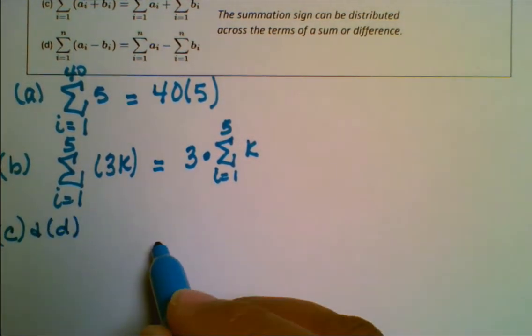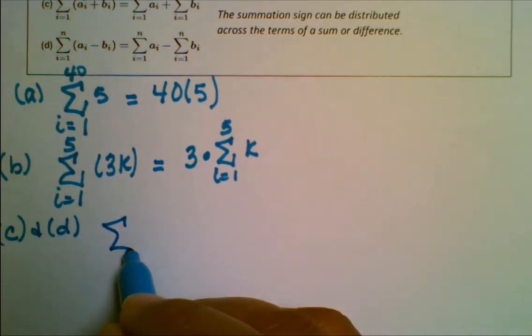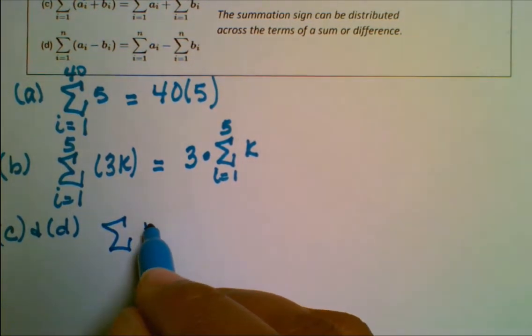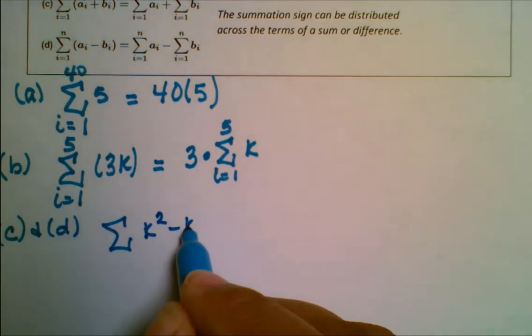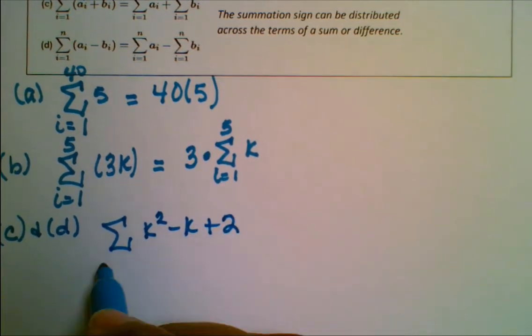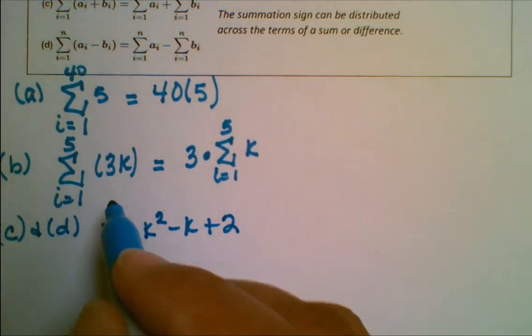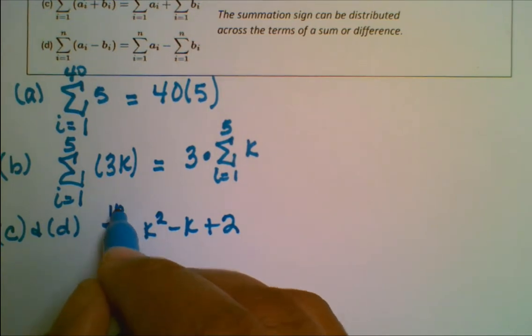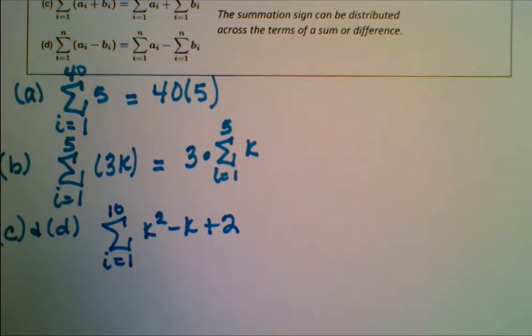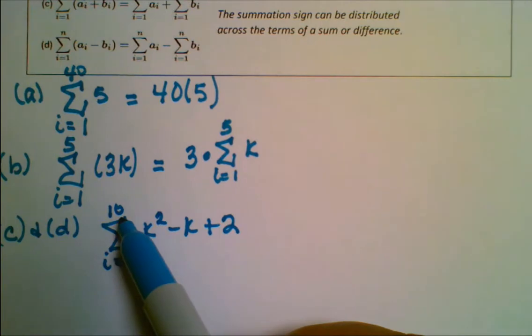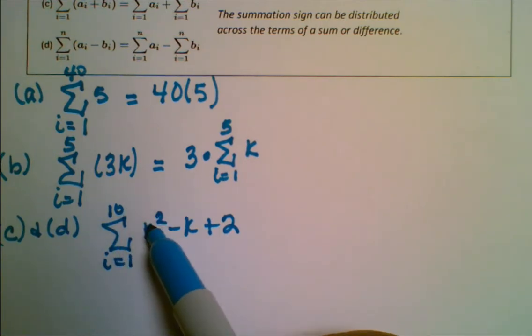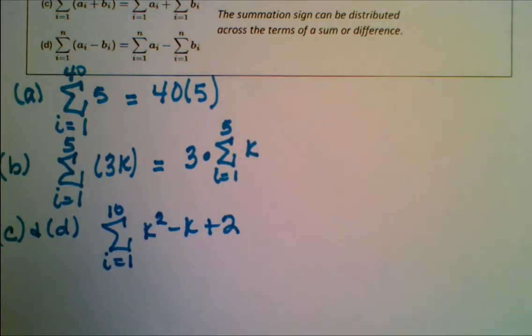we have here the sum of k squared minus k plus 2 as i goes from 1 to 10. What we're going to do is take this summation and distribute it 3 times.